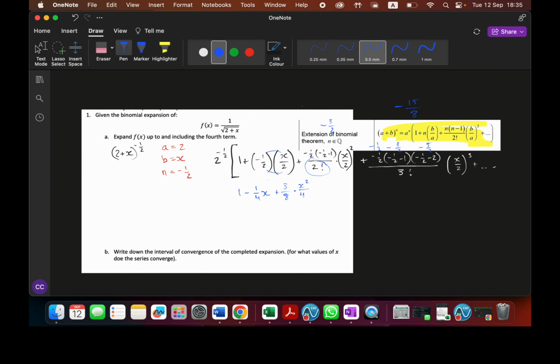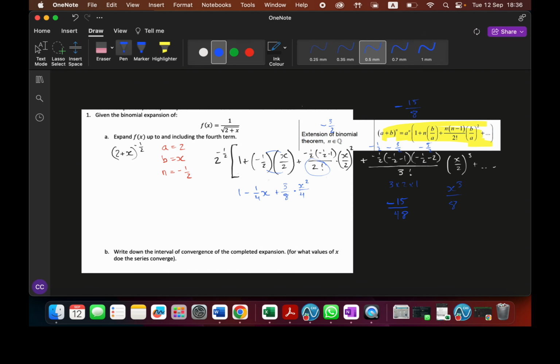Okay, and then we're going to divide that by 3 times 2 times 1, so divided by 6 would be negative 15 over 6 times 8, which is still 48 last time I checked, and this would be x cubed over 8.